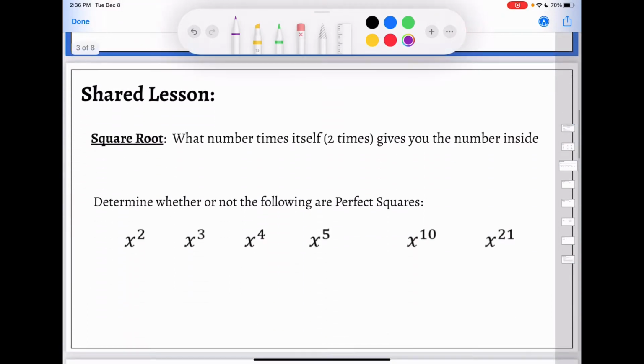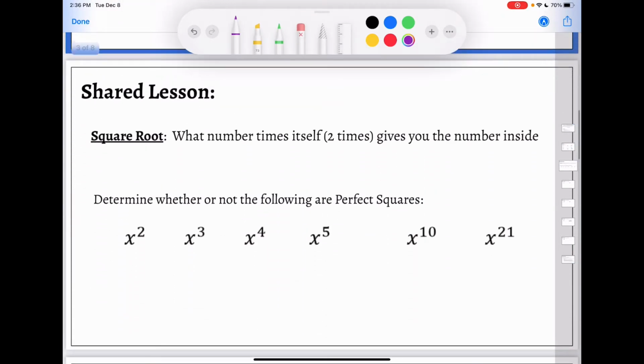All right, let's talk about how we're going to use that idea, or get more into this idea of a radical. A square root really means what number times itself 2 times gives you the number inside, right? That's what a square root means. So for example, if you have the square root of 16, what number times itself 2 times gives you the number inside? Well, 4 times 4 equals 16.